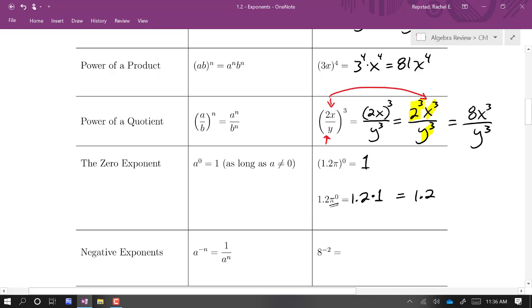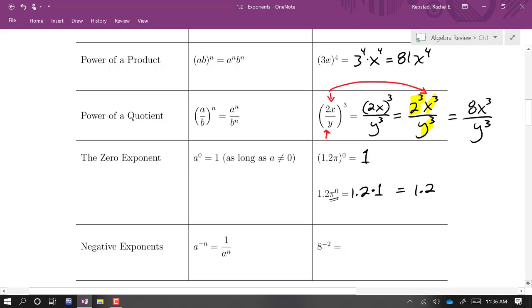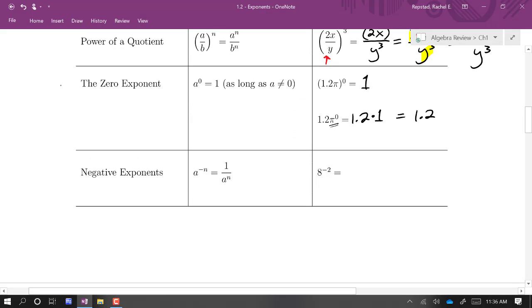Sometimes people are confused that something raised to the 0 power should be 1, but I can actually convince you that that is true with a simple example. So let's say I take 2 cubed and I divide it by 2 cubed. On the one hand, I'm taking something and dividing it by itself, so I know that should give me 1.